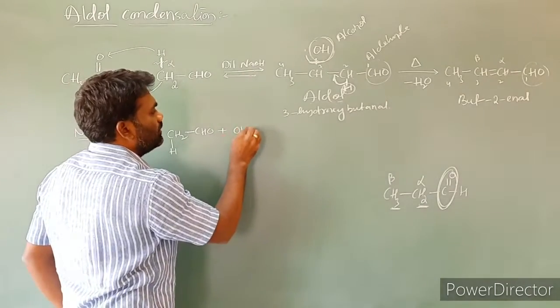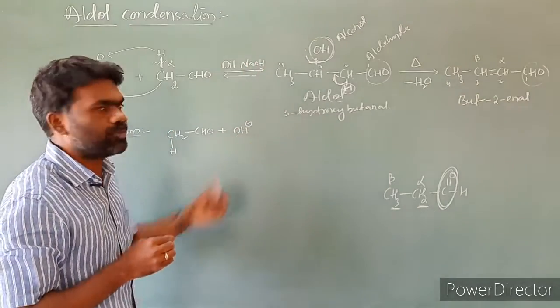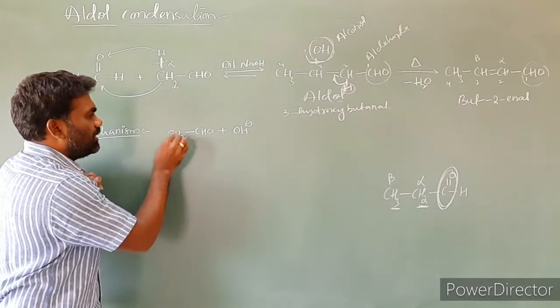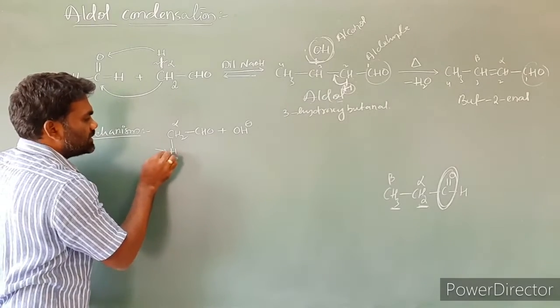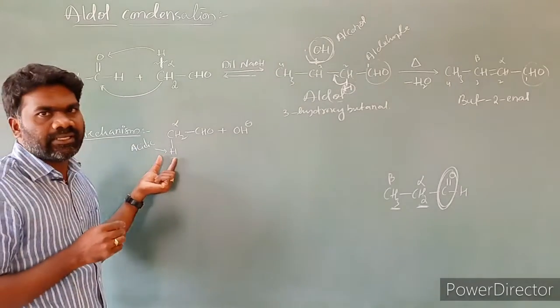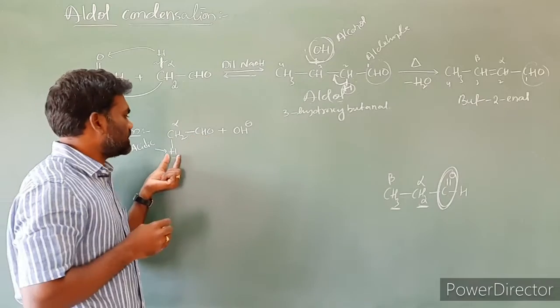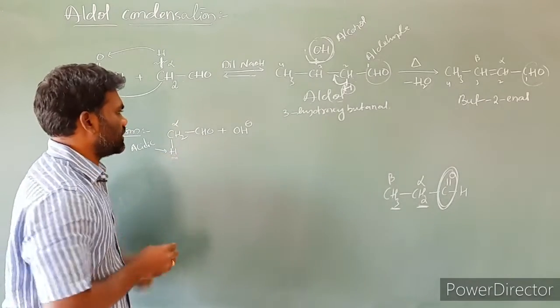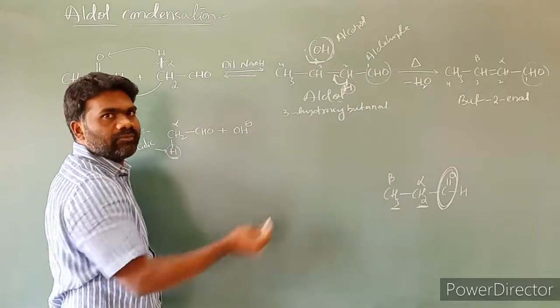Directly I am writing OH-. This carbon is the alpha carbon, and this is the alpha hydrogen. This hydrogen is acidic in nature. Alpha hydrogen is acidic because of the electron withdrawing nature of the carbonyl carbon. This OH- will take this H and leave in the form of water.